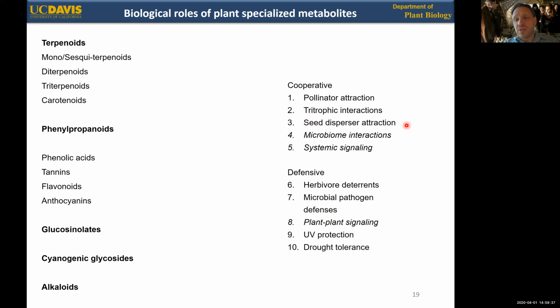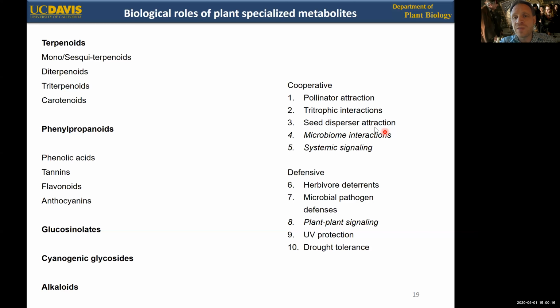Those are the major three, but in recent years, there are more and more articles coming out that highlight the function of small molecules that can be released into the soil, into the rhizosphere, and can mediate interactions with the microbiome. And also there are more and more examples and suggestions of metabolites that work in systemic signaling, so transfer of defense signals, particularly throughout the plant, rather than having them as local defenses at the point of attack only.